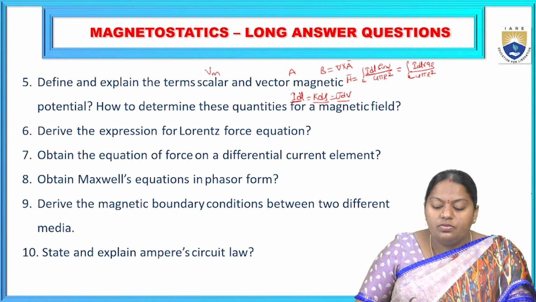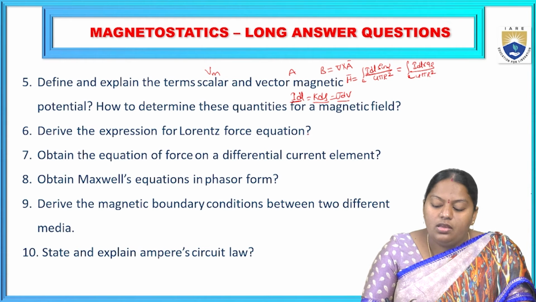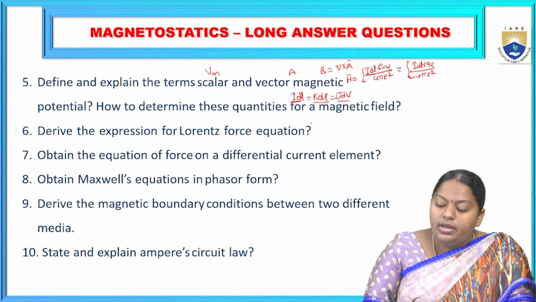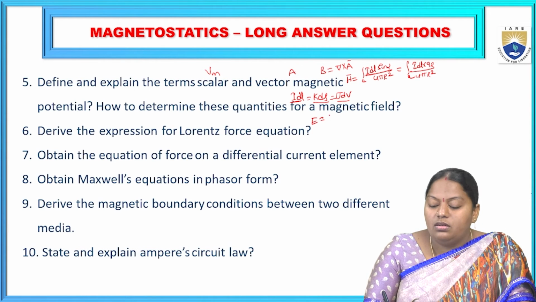Then derive the expression for the Lorentz force equation, which is obtained by adding the electric force as well as the magnetic force. In general, the electric field intensity E can be represented as E equal to F by Q, force per unit charge when it is placed in electrostatic fields.